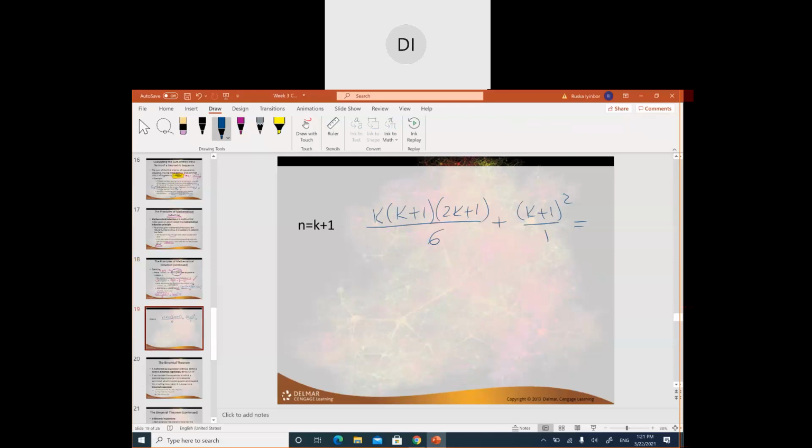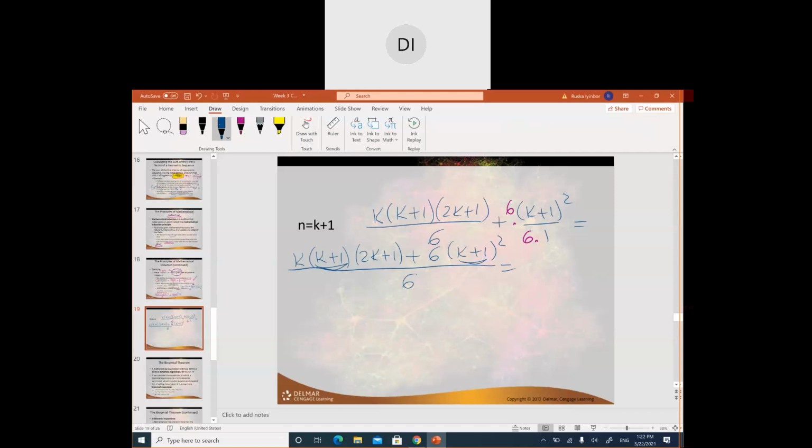Okay, so I'm going to multiply this fraction by 6 up and down to make it over 6, and I'm going to add those, right? So it's going to be k times k plus 1 times 2k plus 1, plus 6 times k plus 1 squared, everything over 6 now, okay? Now what I'm doing, I'm going to factor out k plus 1.